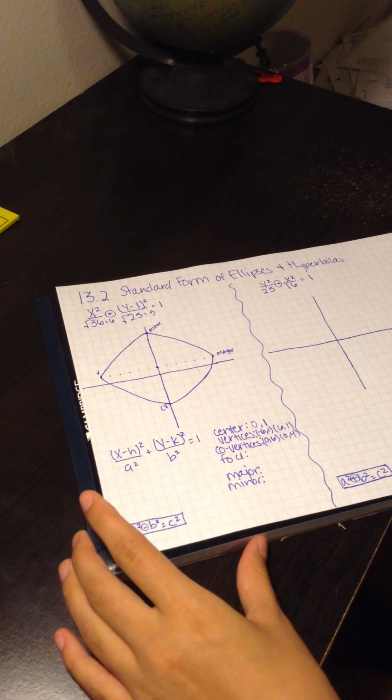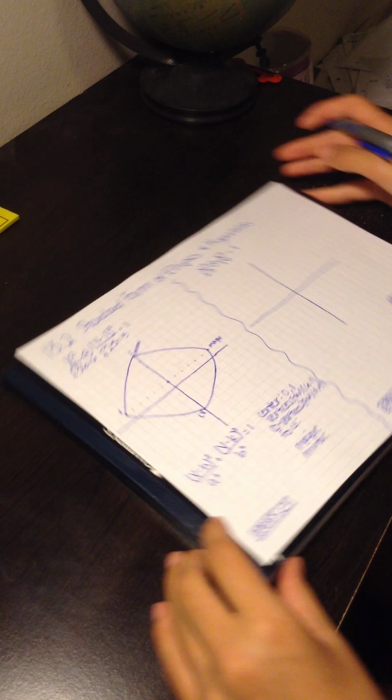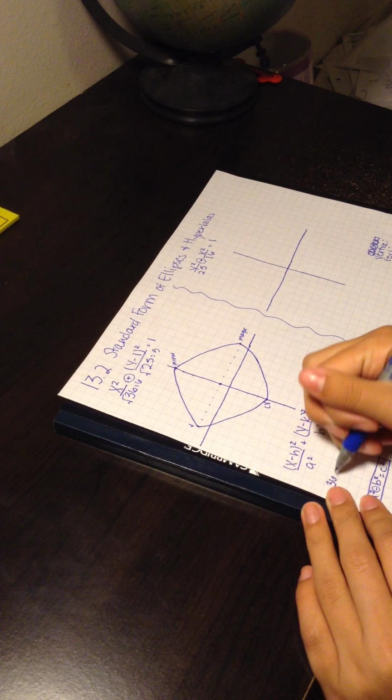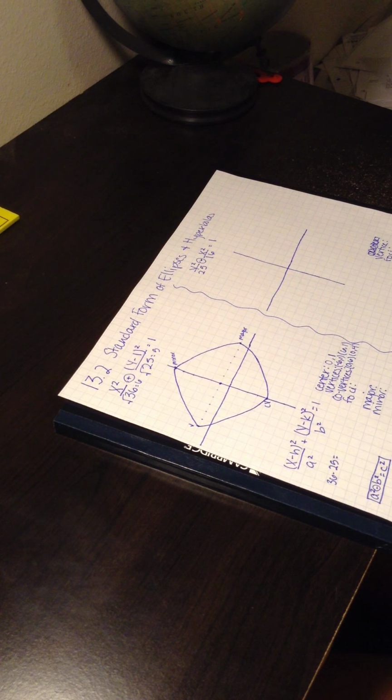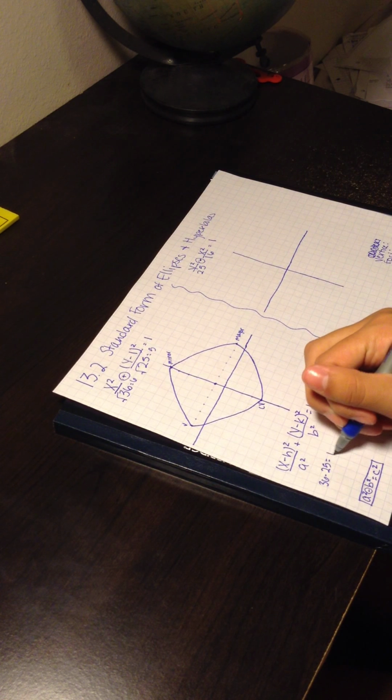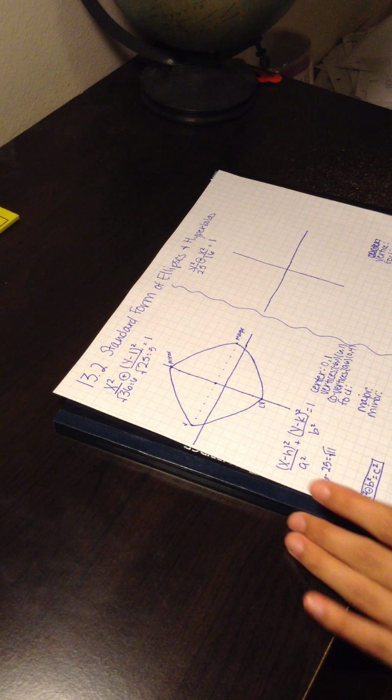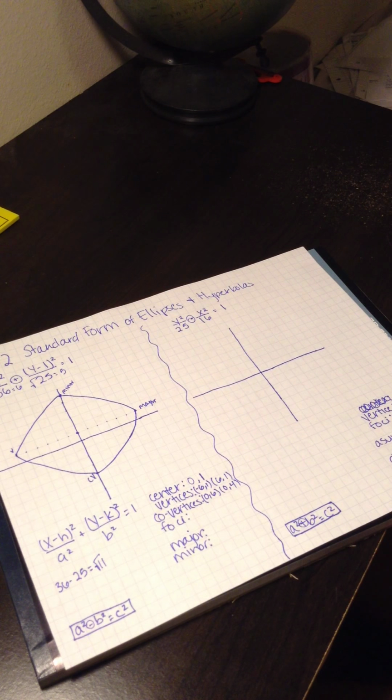So for our foci, we should have a squared minus b squared. So 36 minus 25 equals 11. Just kidding, I said 9, it's 11. And then we're going to have the square root of 11. The square root of 11 is roughly equal to, one second, we need a rough guesstimate of what it is.